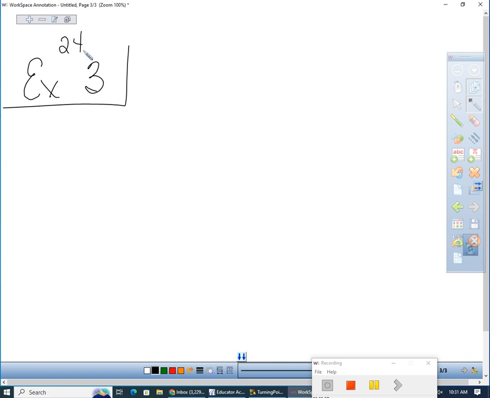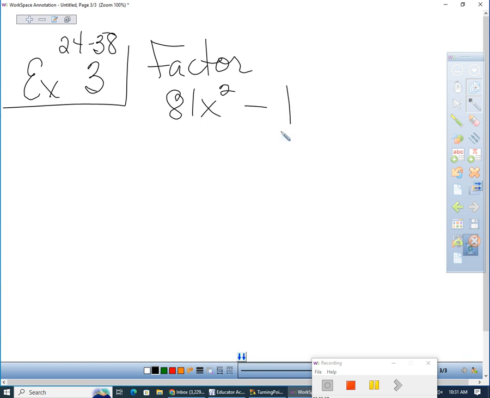All right, I want you to factor 81x squared minus 1. Is there a greatest common factor that can come out of it? Okay, so I'm going to draw my x. Last number times the first is negative 81. What's my middle number?